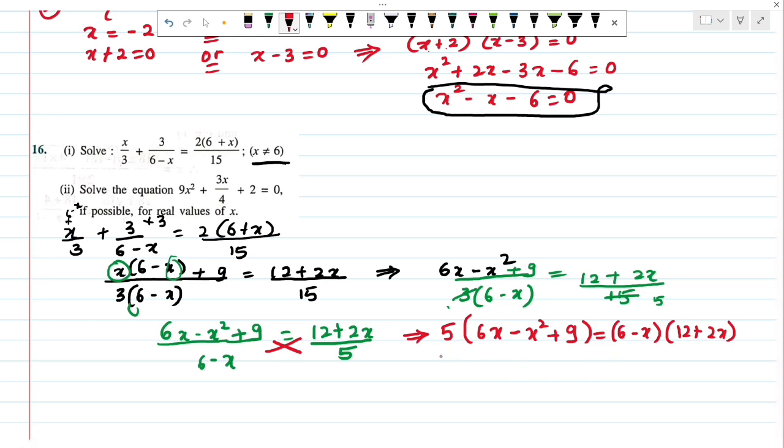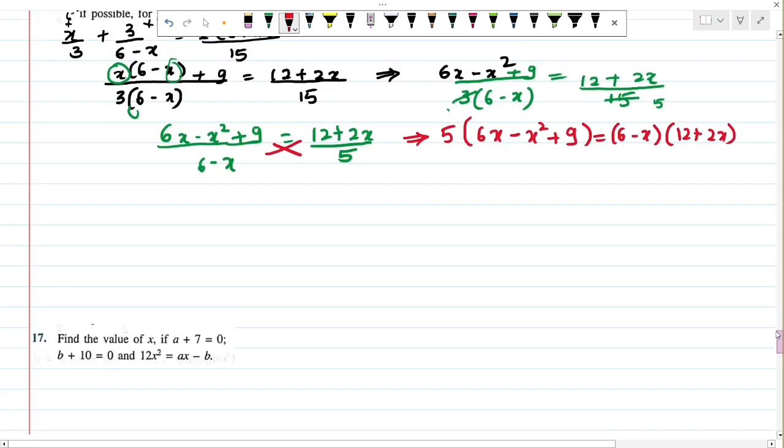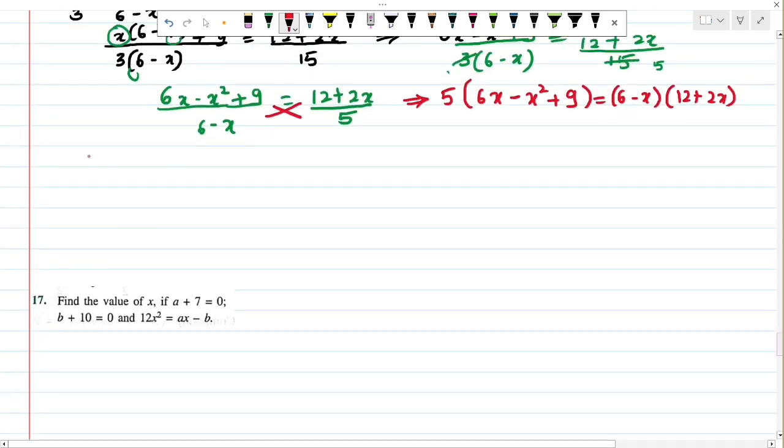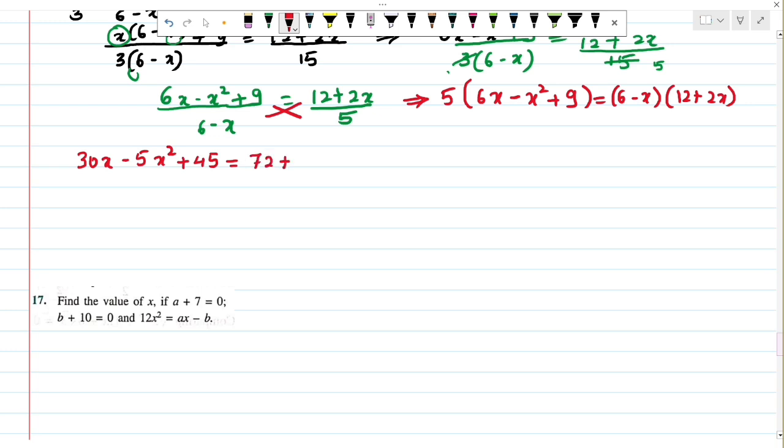I'll get 6 5s, 30x, minus 5x squared plus 45, which equals 72 plus 12x minus 12x minus 2x squared.